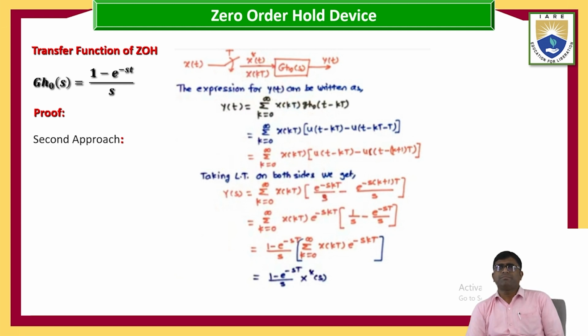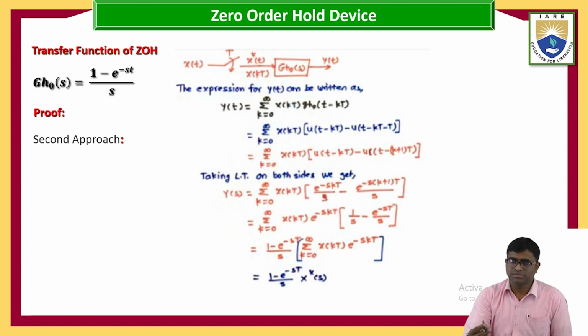So what happened? 1 by s, this one I am taking outside. So it is coming as 1 by s minus e power of minus sT by s, where the term 1 minus e power of minus sT is common.